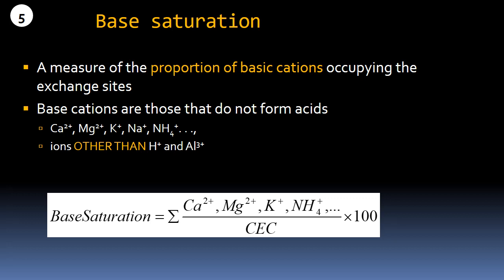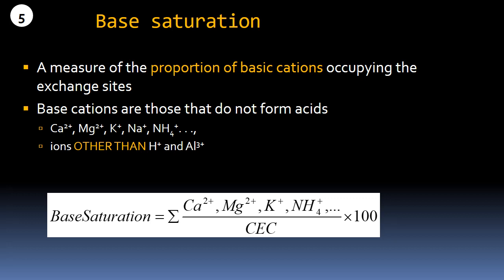The concept of CEC, however, can also be used to calculate base saturation. Now, what is base saturation? Since we know that some of the cations are basic cations, they are alkaline, we can determine their percentage in the soil, and this is called base saturation, which is the proportion of the basic cations occupying the exchange sites.